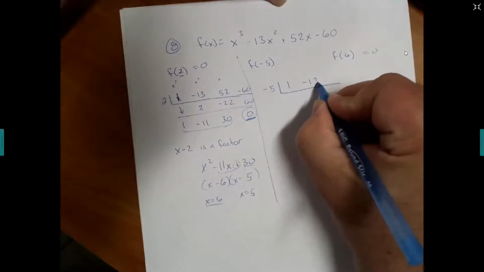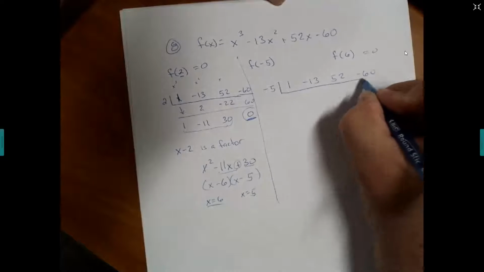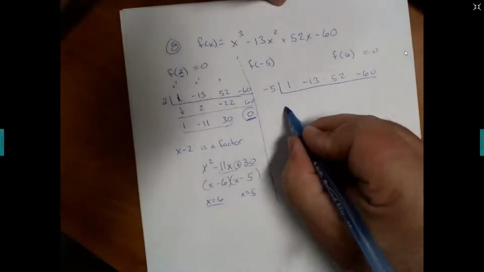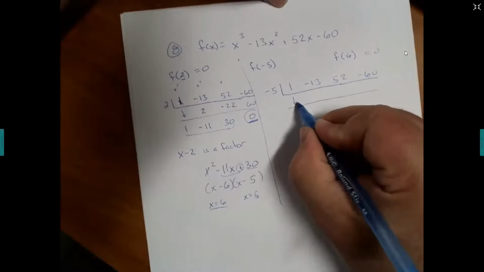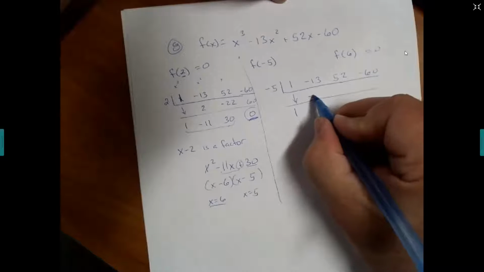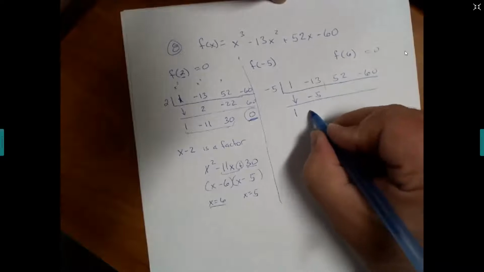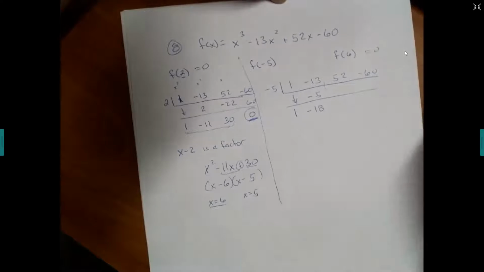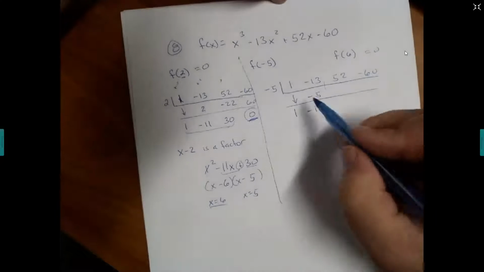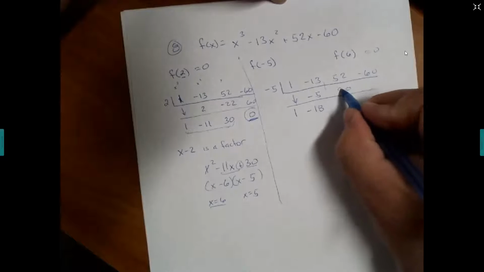1, negative 13, 52, negative 60. Bring down the 1. Negative 5 times 1 is negative 5. Add negative 13, negative 5 is negative 18. Negative and negative is positive. 5 times 18 is 90.